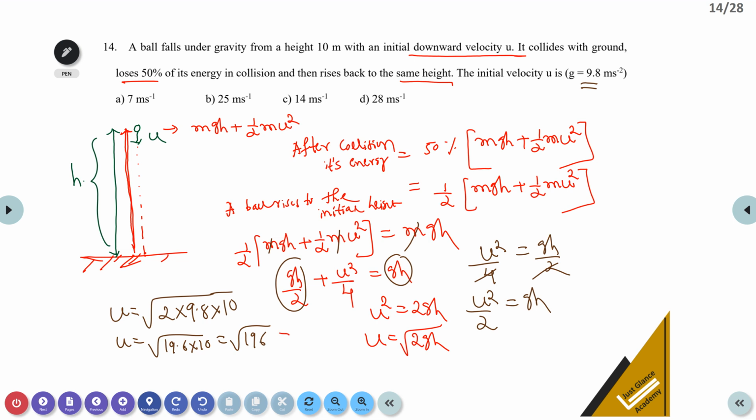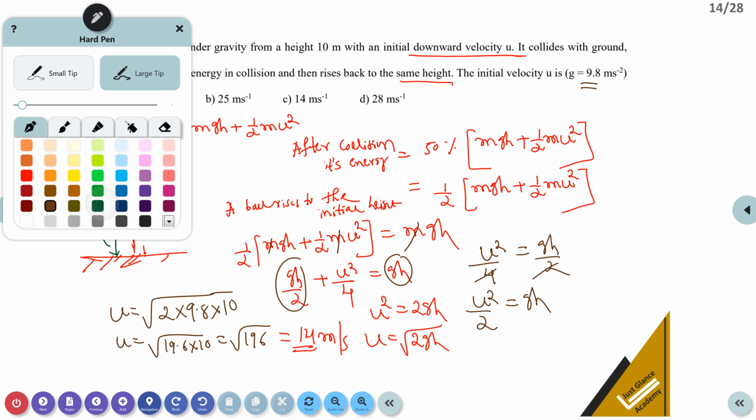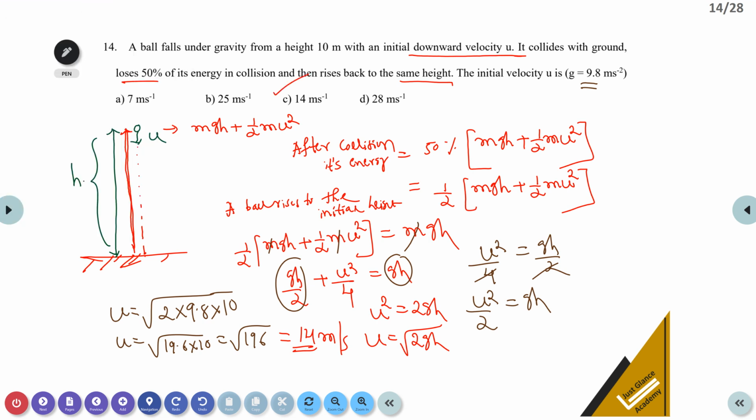Square root of 196 is 14 meter per second. So the right answer is 14 meter per second. Interesting problem. If its initial velocity is not given, then the body will never come back to the initial height. The height will decrease in every bounce.